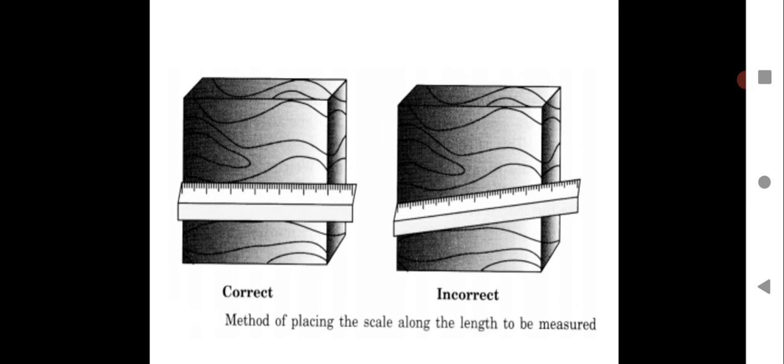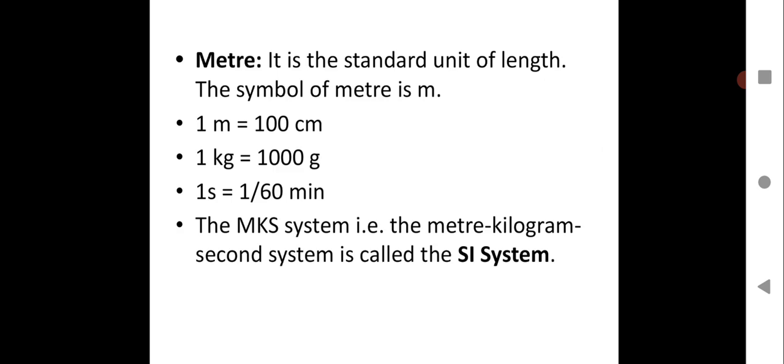So this is the method of placing the scale along the length to be measured, and you can easily measure the length with the help of the scale. The scale should be placed properly as shown on the left hand side. It should not be tilted, otherwise it will not give you an accurate reading. I hope this is very clear, children, and we will go for next. Do write this in your notebook.